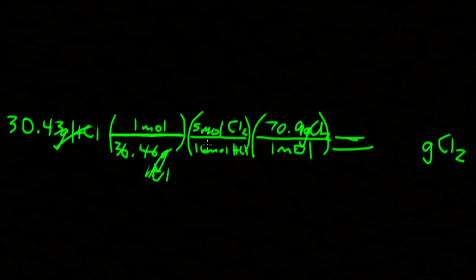So now you can take the moles and get it to grams by multiplying by the molar mass of Cl2. So you cross out the moles, and then that gives you your answer of 18.26 grams of Cl2. Now try the next example on your worksheet and pause the video. Okay, you should have gotten 8.65 times 10 to the 10th.